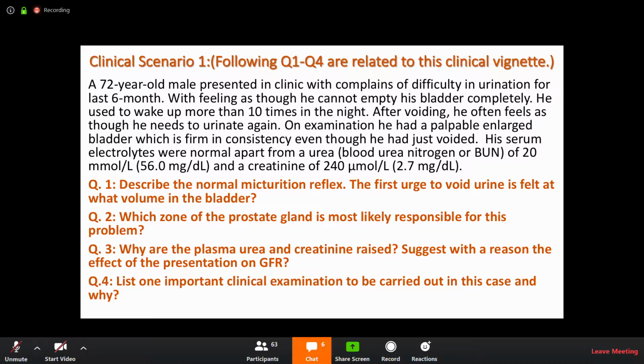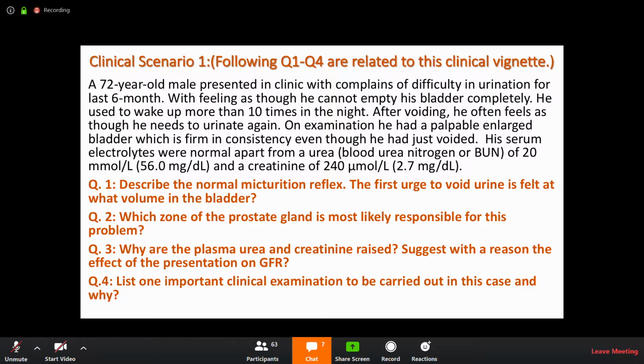The question says, which zone of the prostate gland is most likely responsible for this problem? As we know, there are different zones which are present clinically, which we talk about when we discuss the symptomatology related to prostatic problems. The zone surrounding the prostatic urethra is the transitional zone.